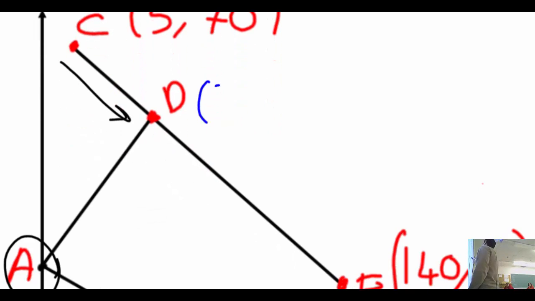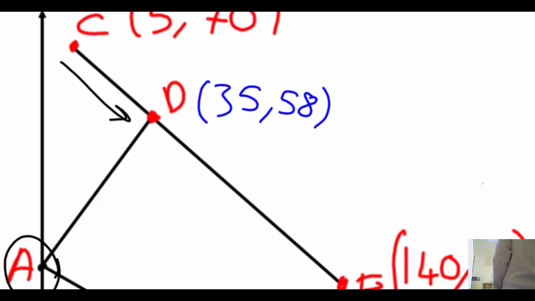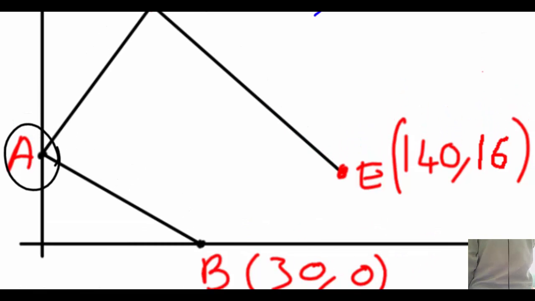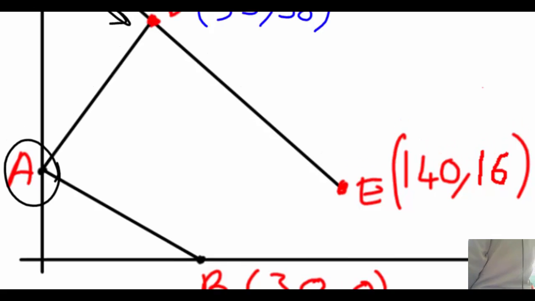D is (35, 58). Now I know the coordinates of D. If somebody can tell me the coordinates of A, we will be finished after calculating the distance, but that's not going to be easy, so we're going to calculate it next.